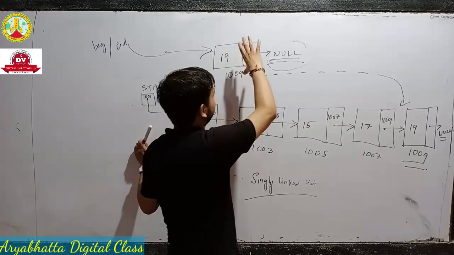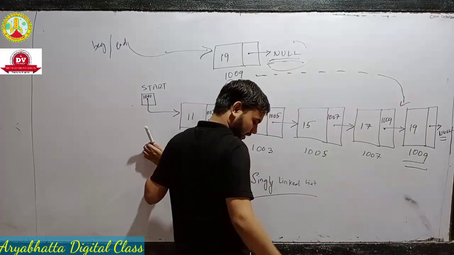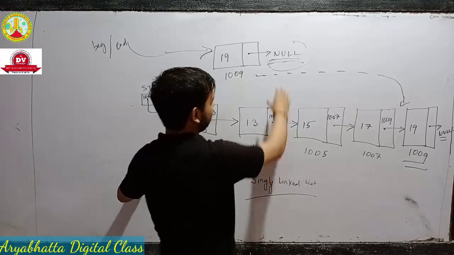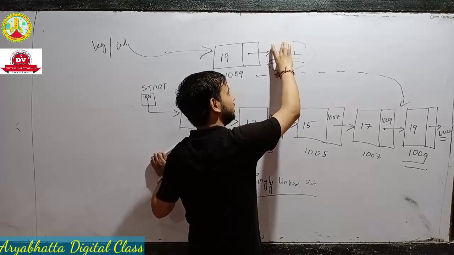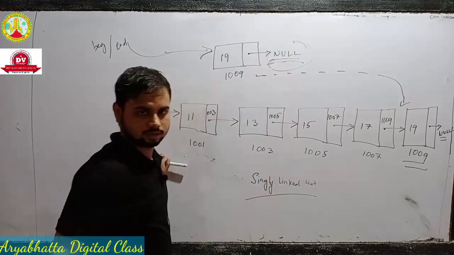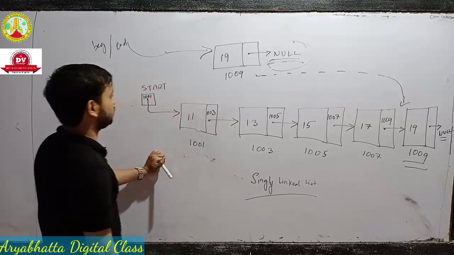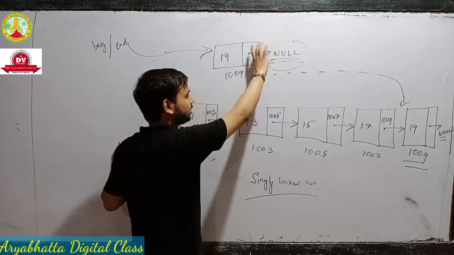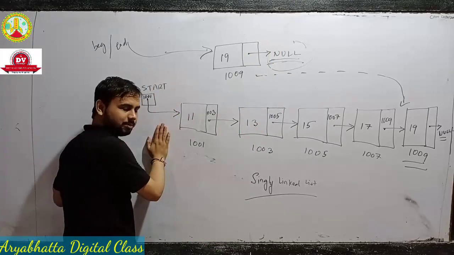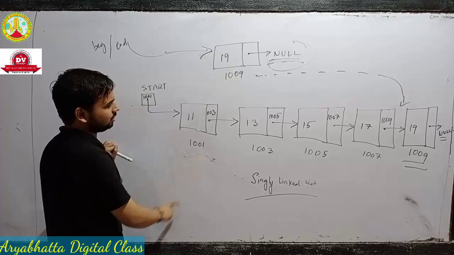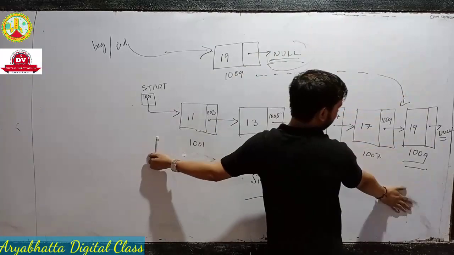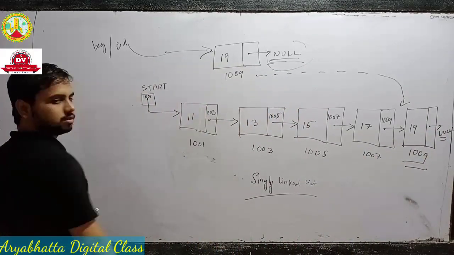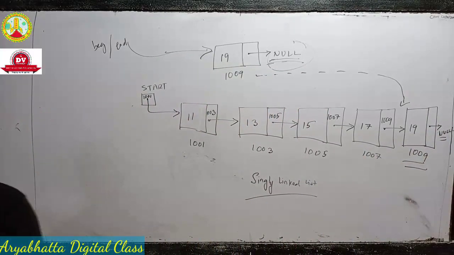But when we add this node at the last, when it is independent, it contains null. When added in the beginning, null is gone and the address is there. But when it is added in the end, it is the same. This is the difference. Okay, I hope you have understood.